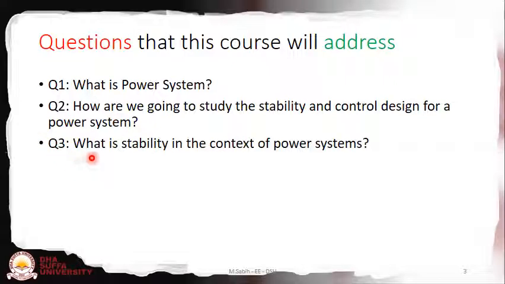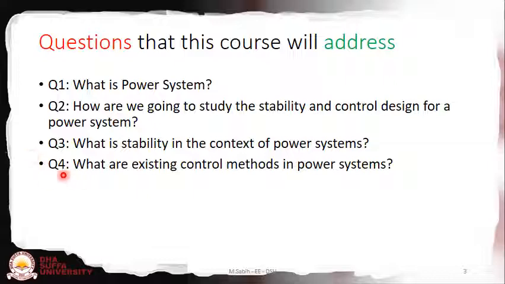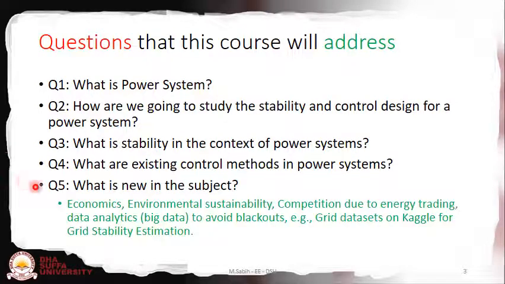Question 3, we will redefine and figure out the stability definition in the context of power system. Question 4 will be focusing on the existing control methods in the power systems that we use. And finally, the fifth question is about what's new in this subject.